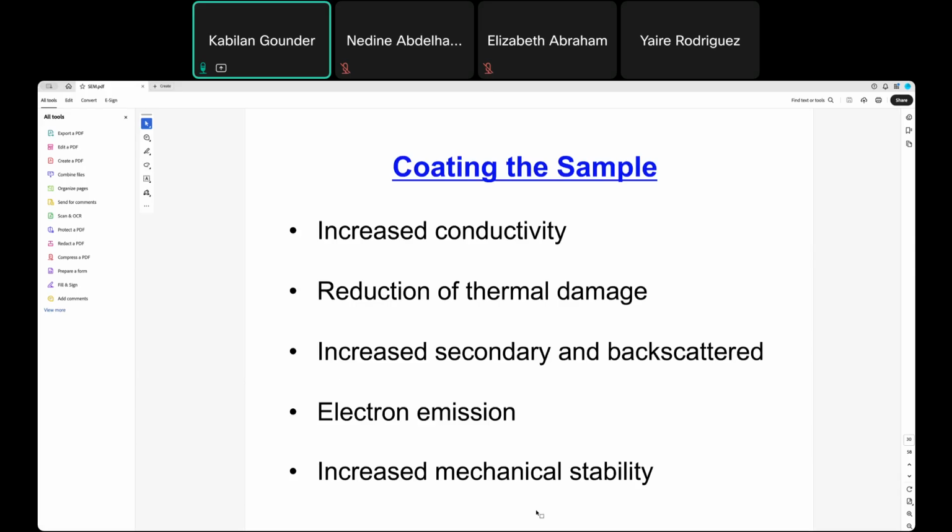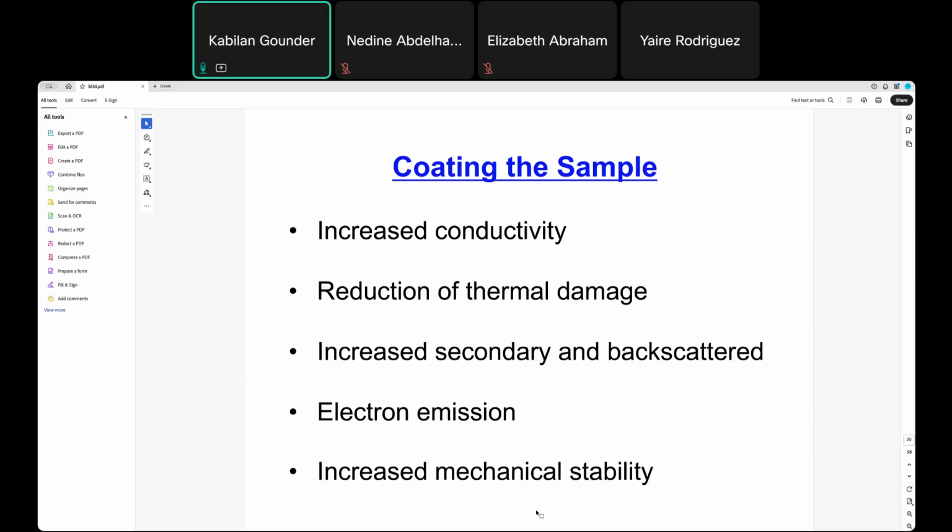When electrons are striking the samples, if you coat the samples with gold or carbon, that will conduct the electrons uniformly and then bounce back, so that you will get good structural views.